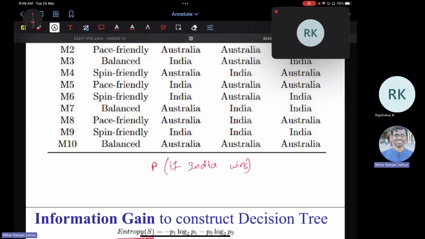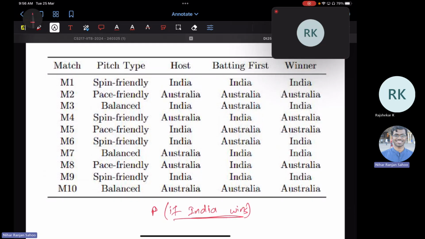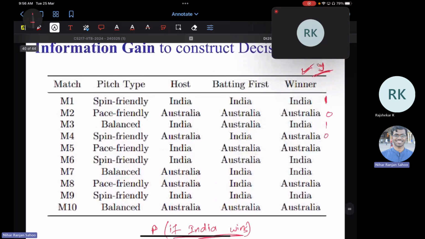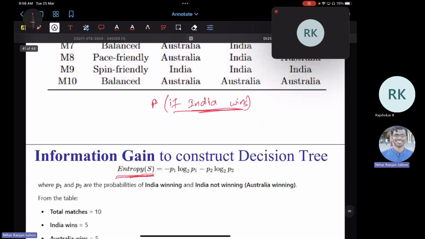If this is our random variable, it takes 1 here, 0 here, 1 here, 0 here, all these things you know, right? Now we will compute the entropy of this particular column to be predicted, using the random variable we have.